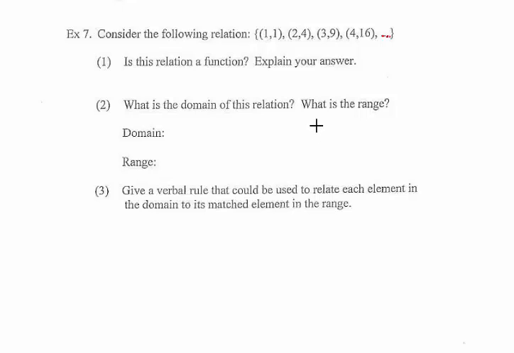So the question below: is the relation a function? All we have to do for the ordered pairs is check the first element. 1 is the first element of this ordered pair. Does it repeat in any of the other ordered pairs? We go from 1, and then there's a 2, a 3, and a 4. 1 does not repeat in any of the other ones. 2 is also a first element, and it doesn't repeat.